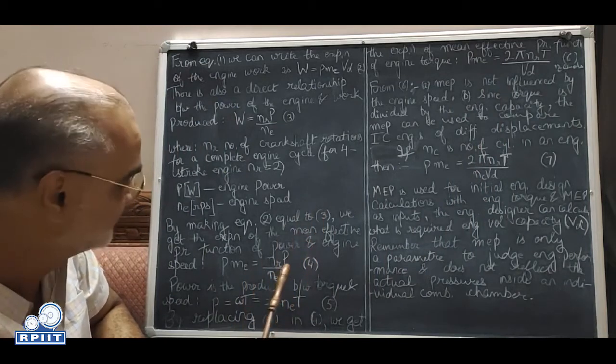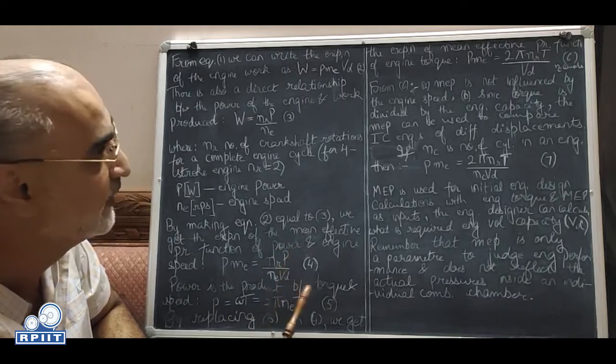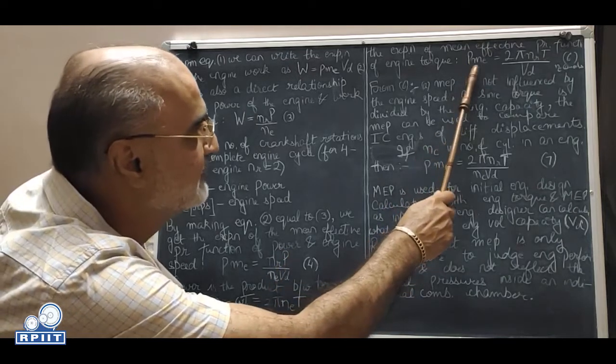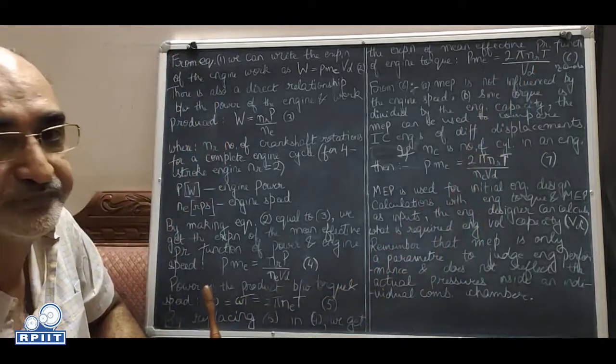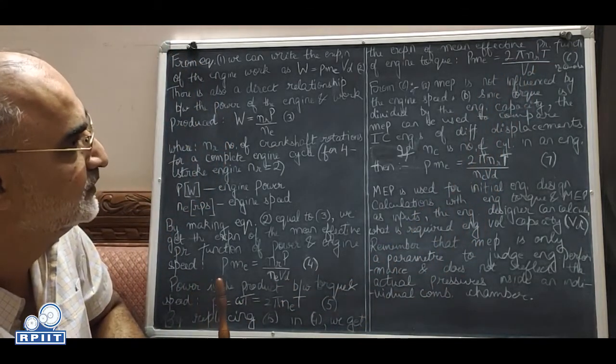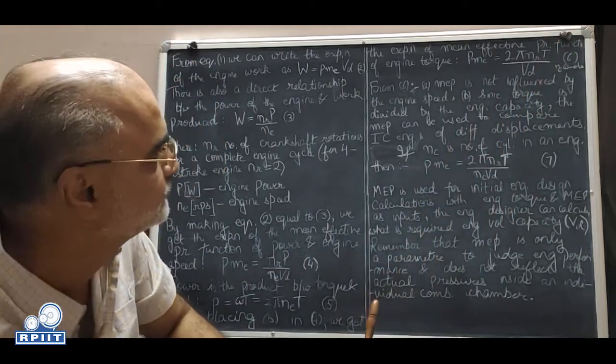NE cancels, one above and one below. They cancel out and you get PME equal to 2 pi nR T divided by VD. We call this equation 6.